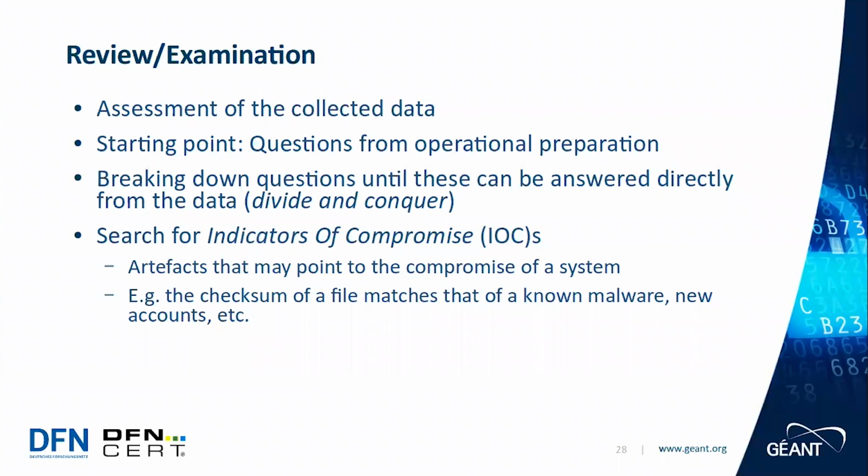What it means at the lowest level is that we will be searching for the so-called indicators of compromise, or IOCs. These are artifacts on our systems that may point to the compromise of a system, like say a login from a very far away land in the middle of the night, which is probably not supposed to happen here, or a virus that is detected by our antivirus scanner, or anything else.